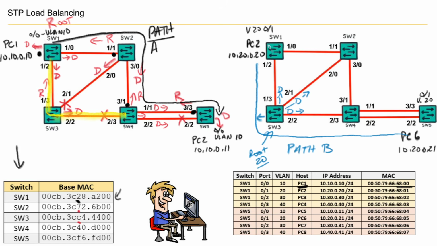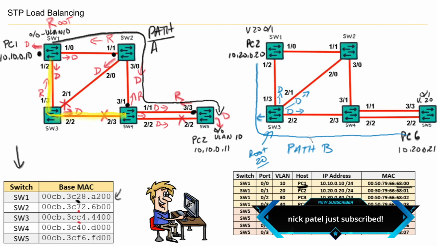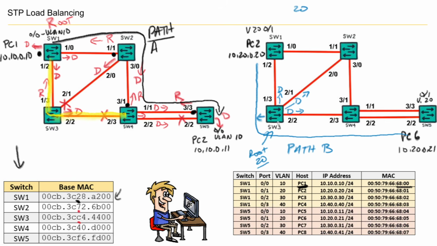And then we go to all the losers. What do you mean, Keith, losers? Well, a loser is a switch that didn't win the spanning tree root election for a specific VLAN. So here, as we talk about VLAN 20, all the other switches, except for switch 3, are the losers. All the losers have to identify one and only one root port.